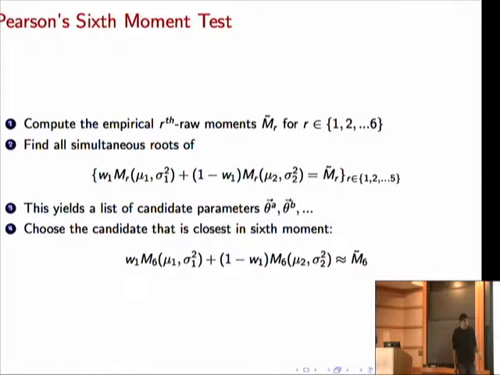So for each of the remaining sets of plausible explanations, he figured out a prediction, compared them to the empirically observed 6th moment, and accepted whichever one was the closest. This is called Pearson's 6th moment test, and I want to stress that this is actually just a heuristic. There are a number of problems with actually showing that this does recover the parameters of the underlying mixture.